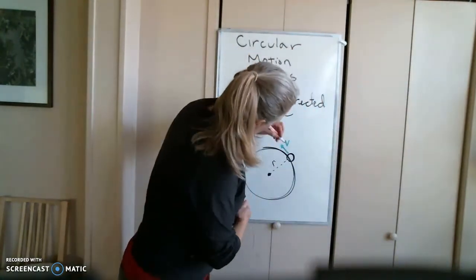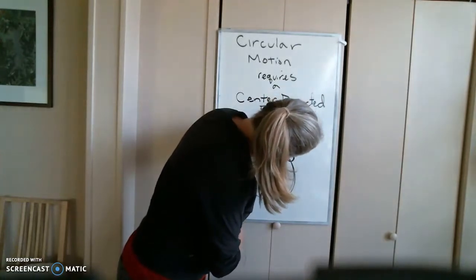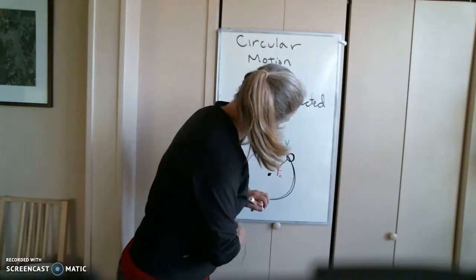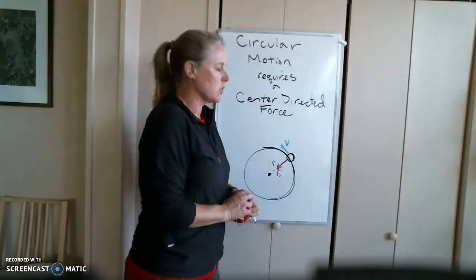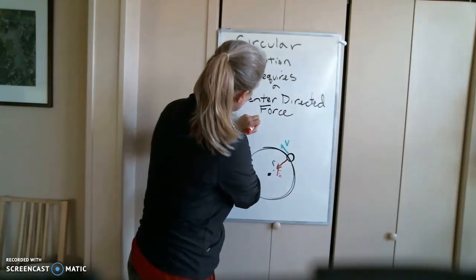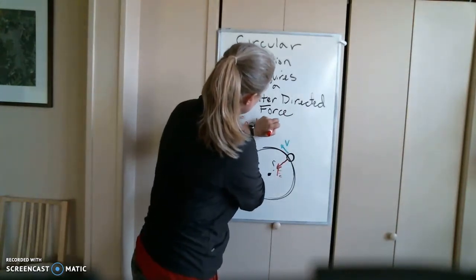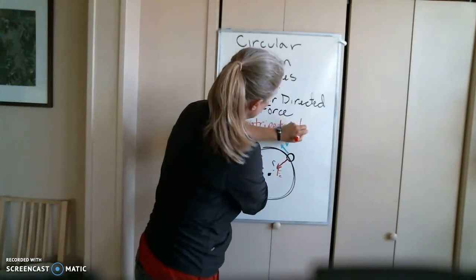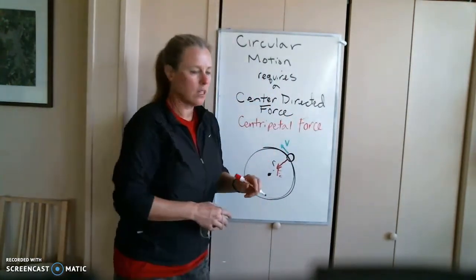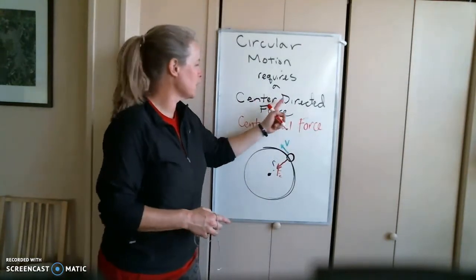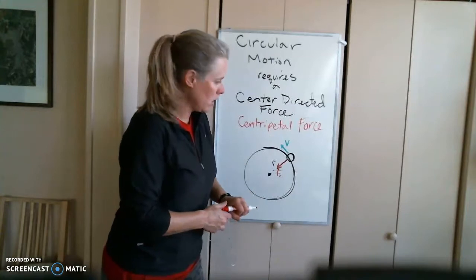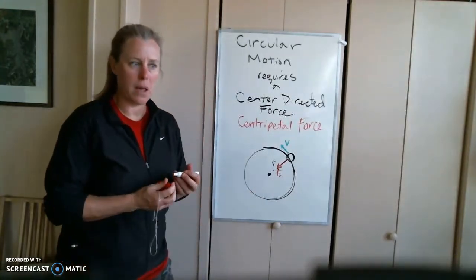That center-directed force, and I just say force with a subscript of C, is called a centripetal force. That's a physics word for it, centripetal. Centripetal force is just a center-directed force, and we use force sub C, okay?